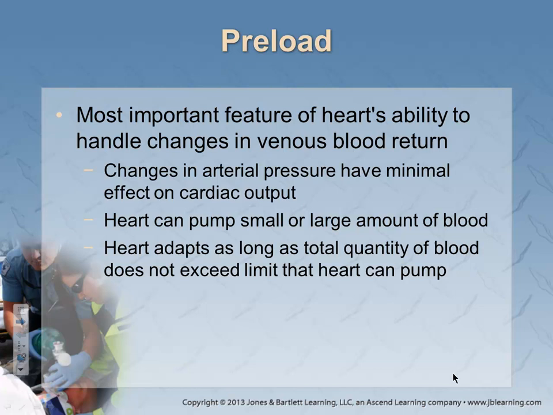So the heart has the adaptability to pump however much blood the body tells it it needs. Alright? So the amount of blood that the heart's pumping to the body is a good example of systems working together. Alright? So when we think about the heart working, what is the major system we usually think about the cardiac system working with?